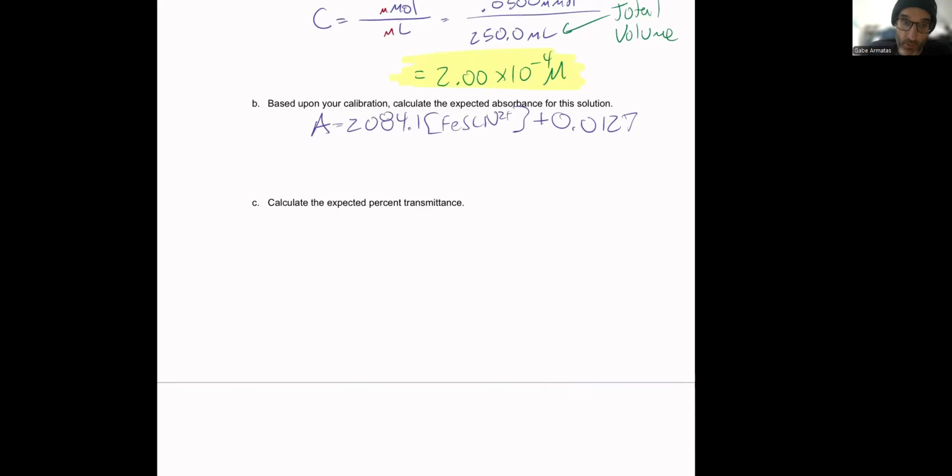I'm going to plug in my concentration of 2.00 times 10 to the minus 4 molar and do the calculation. Just do this math. You should end up with an absorbance of 0.430. And that does line up with what we saw above. So it's pretty close to what we saw above.